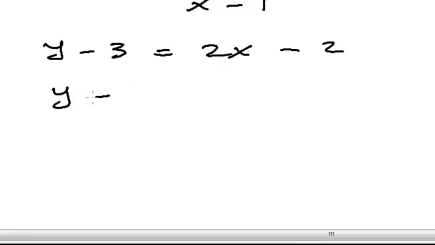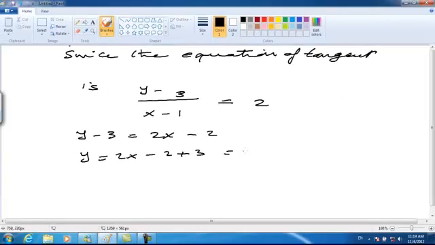Then y equals 2x minus 2 plus 3, which equals 2x plus 1. This is the equation of the tangent line at the point 1 and 3. Thank you.